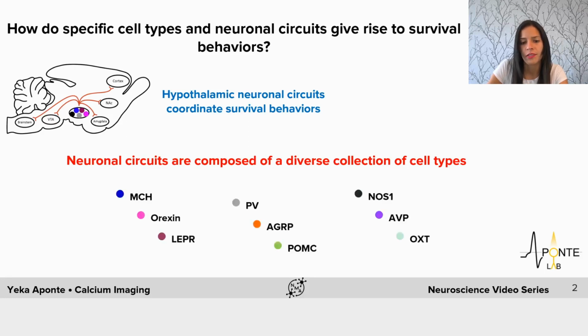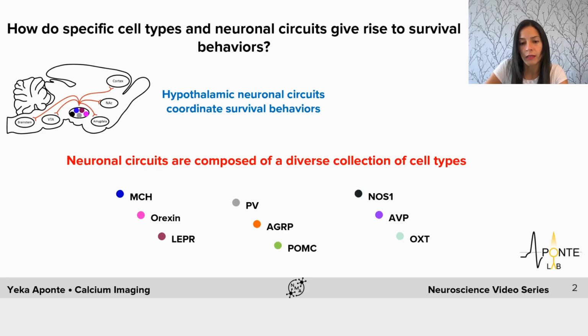And this is just a simple example to show you how rich in terms of genetically identified cell types the hypothalamus is. In my opinion, this makes the hypothalamus an ideal circuit to study the neuronal basis of behavior.